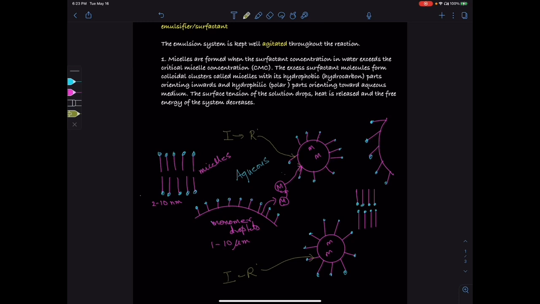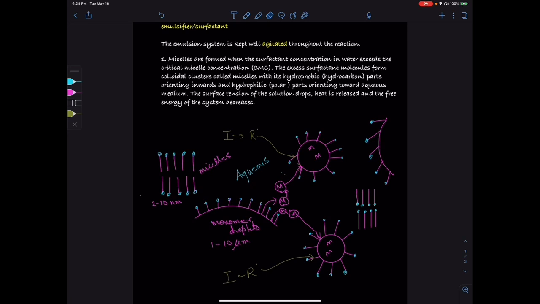The chain keeps propagating until all the monomer molecules inside are used up, and then more monomer molecules from the solution get into the micelle particle to replenish, and monomer droplets release more monomer molecules into the aqueous medium. So this keeps continuing until the monomer droplet concentration is almost over. At that point, polymerization is almost complete.